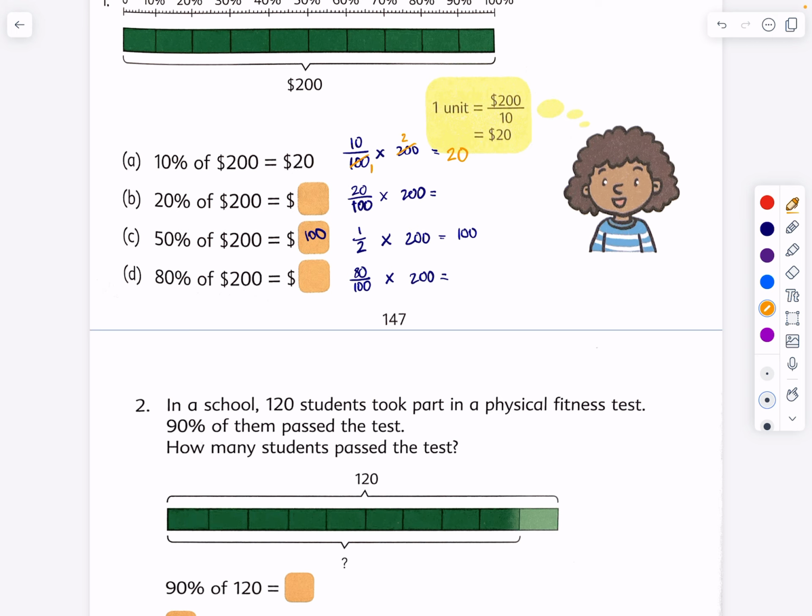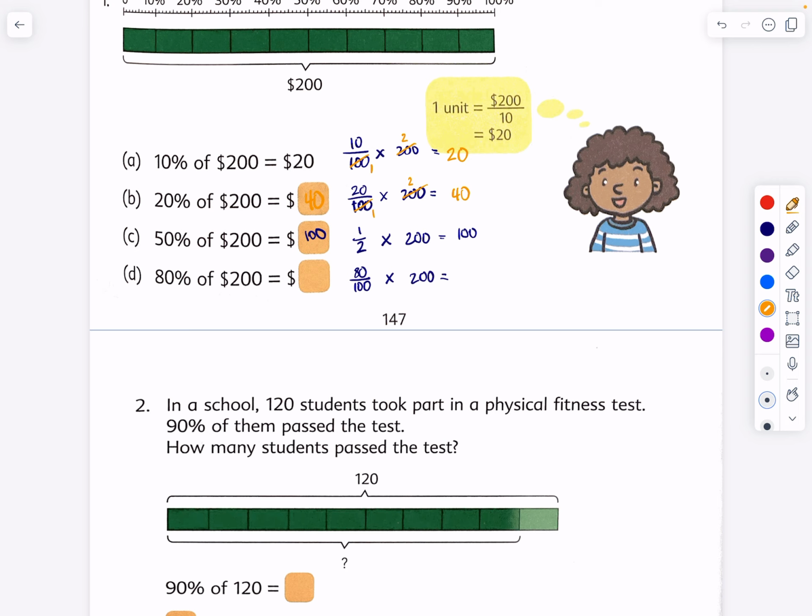Now, 20 hundredths of 200. Again, let's simplify. 200 out of 100 reduces to 2 and 1. So 20 times 2 is $40. This answer is $40. Now, 1/2 of 200. Well, we already figured that out.